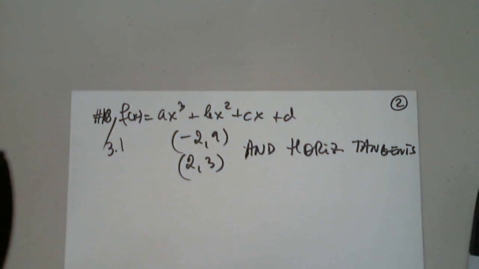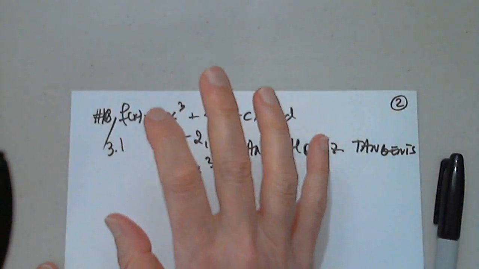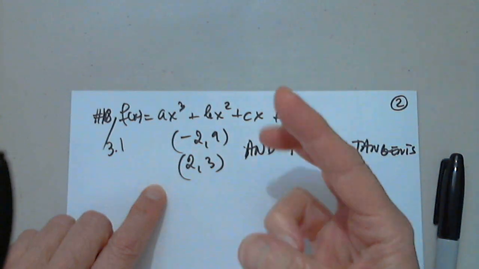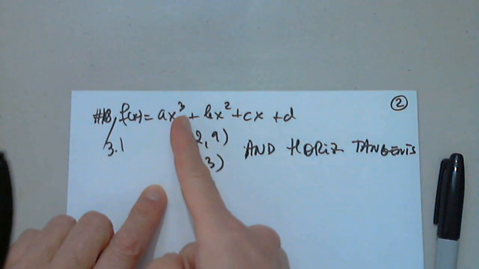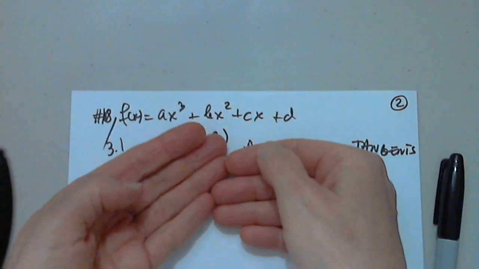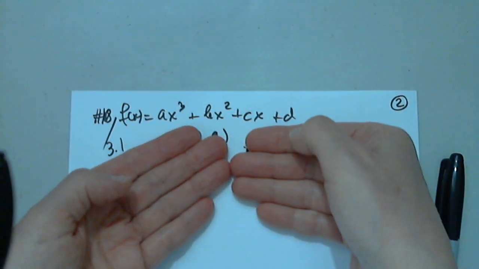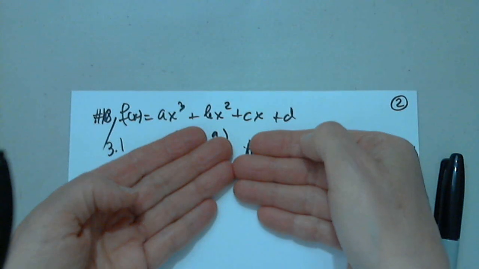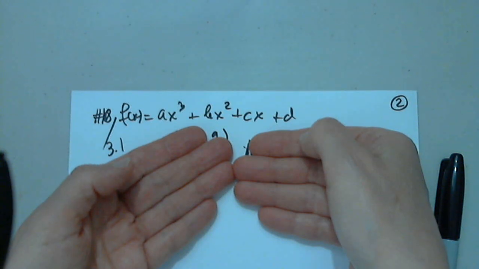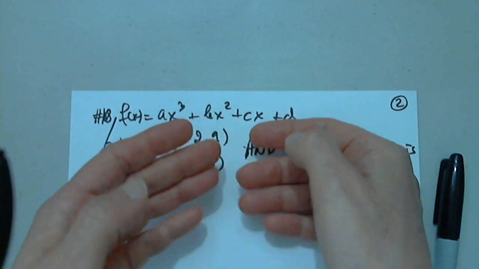Good point, thank you. So the question is asking us to find this polynomial, degree 3. In order to find this polynomial, they have to give us some information. But before the information is given, how many unknowns do we have here? Exactly.